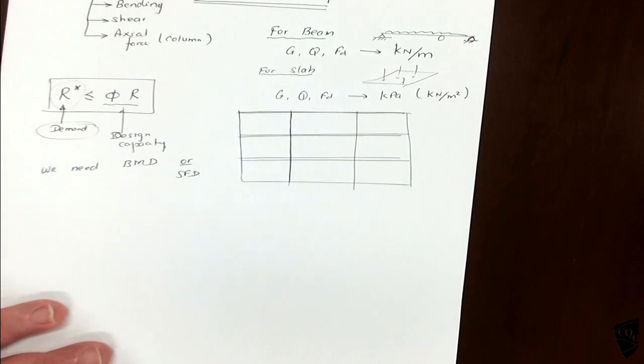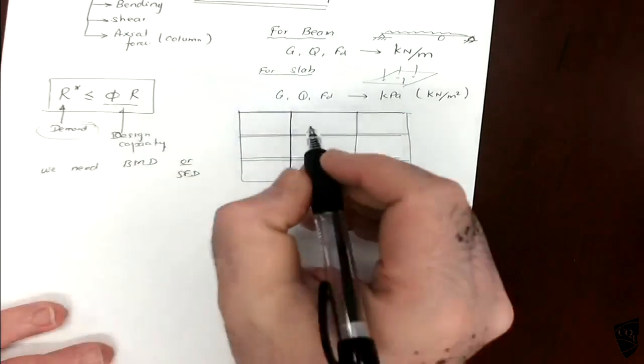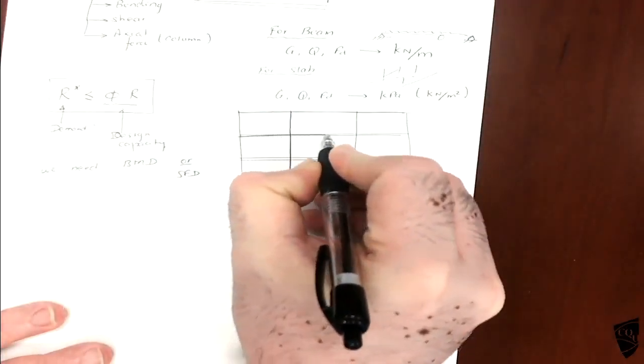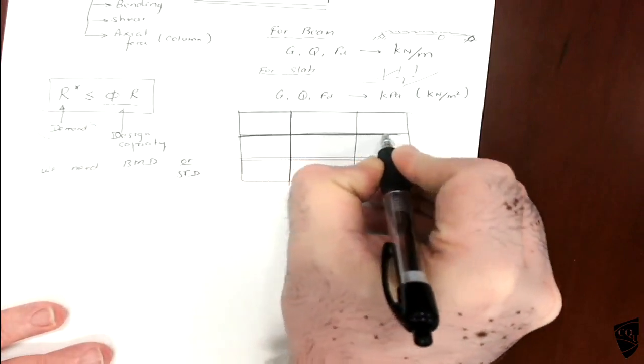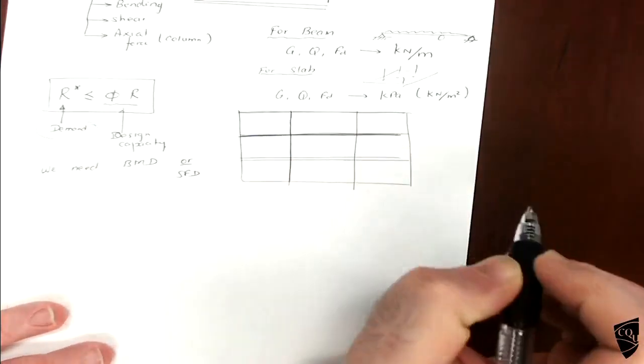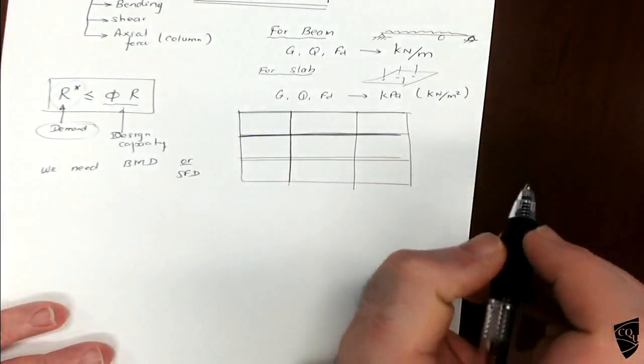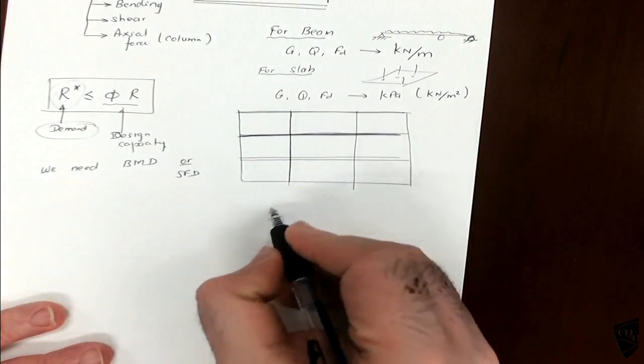Okay, so if I look at this beam, generally we have a slab system.